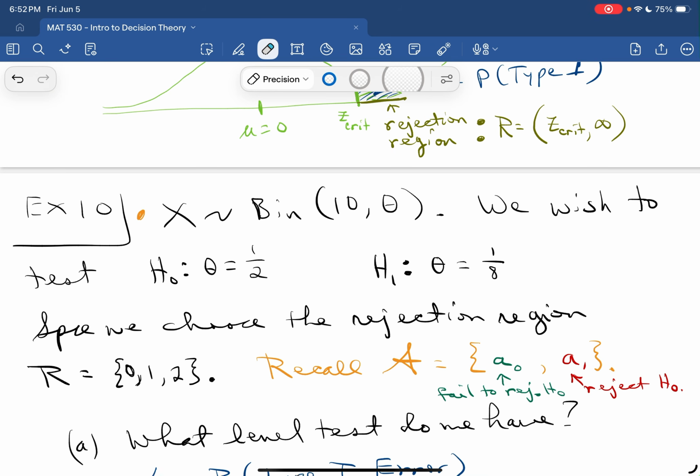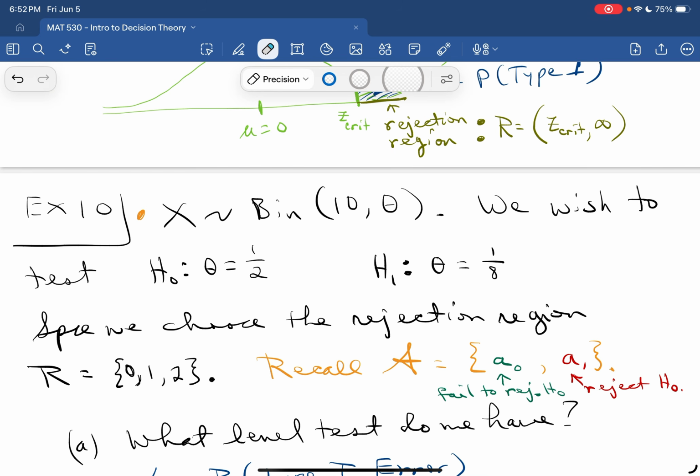Whereas if we have, say, x equals 4 or x equals 5 or something like that, then that supports the notion that success on each trial is 50-50.